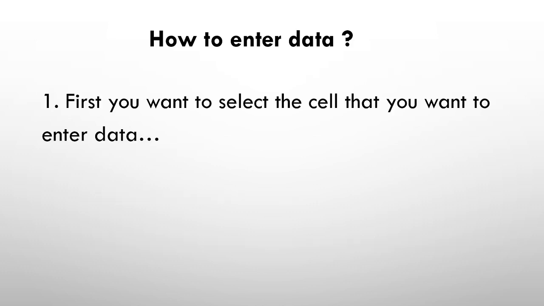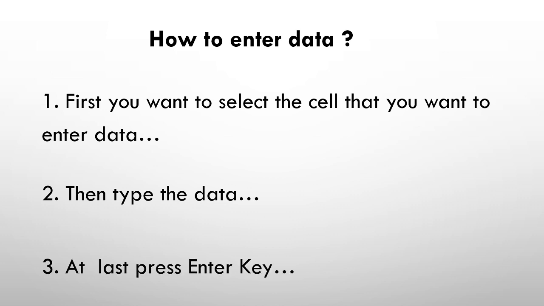How to enter data. First, you want to select the cell where you want to enter the data. Then in that selected cell you can type the data. It may be a text, it may be a number, or else it may be a formula.